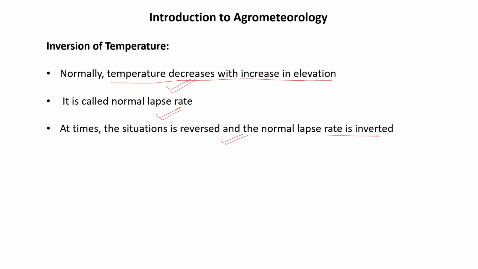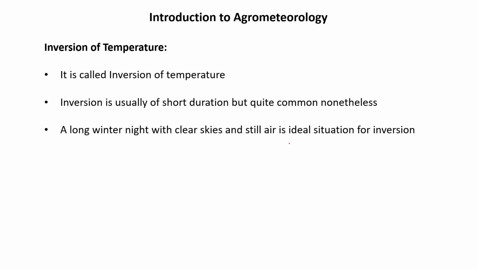So when we come down, it is the reversal of the normal lapse rate. This is called the inversion of temperature. Inversion is usually of short duration but quite common. The long winter night with clear skies and still air is an ideal situation for inversion.